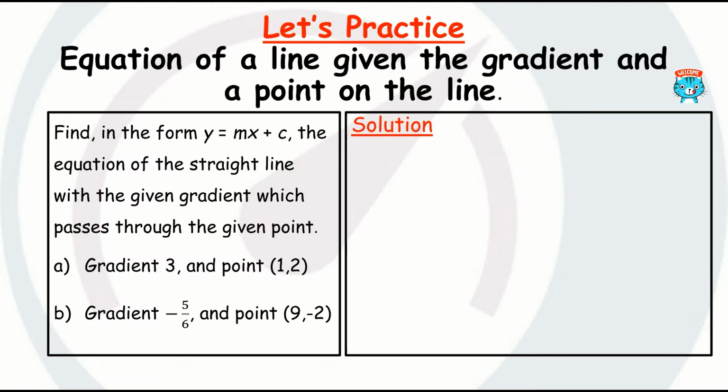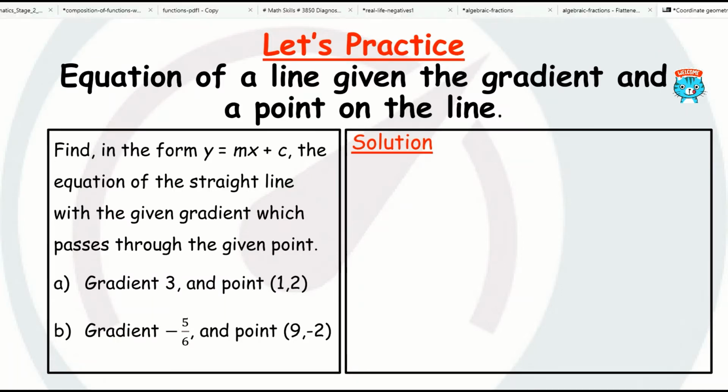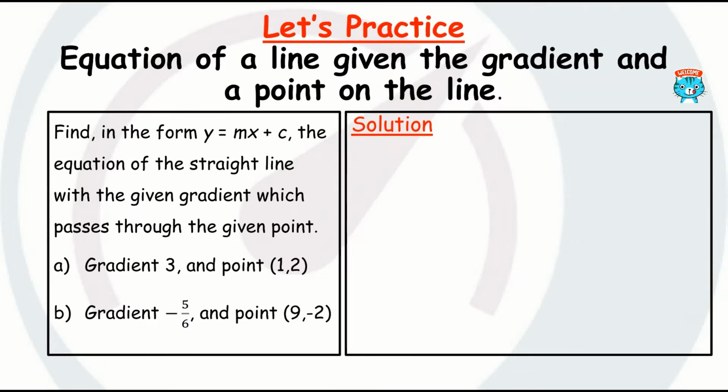Alright, so the solution for B. We know our gradient, which is m, is equal to negative 5 over 6. And our point, (9, negative 2), gives us our x and our y values. So y equal mx plus c.